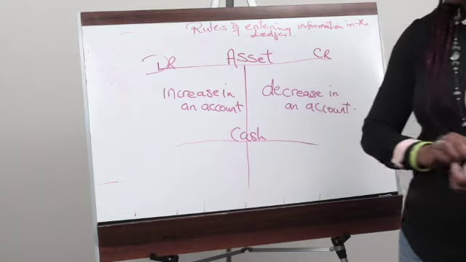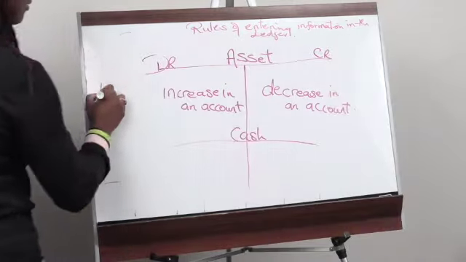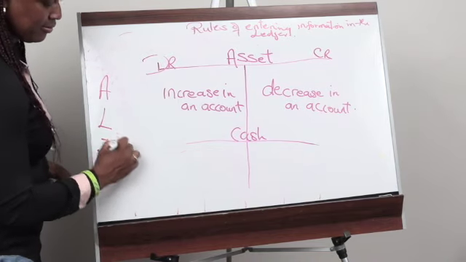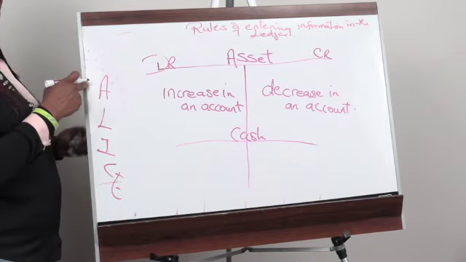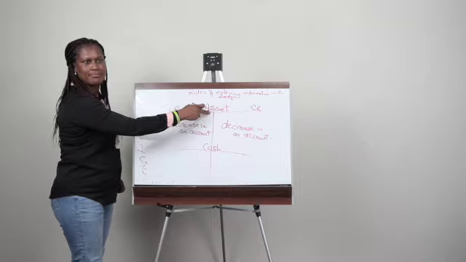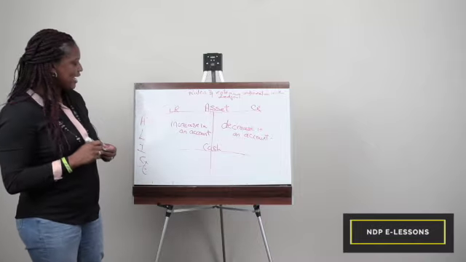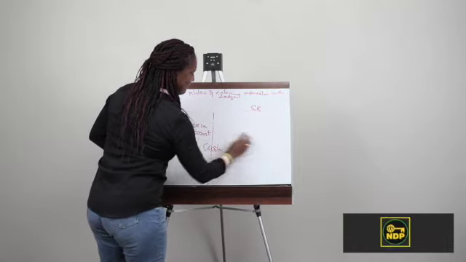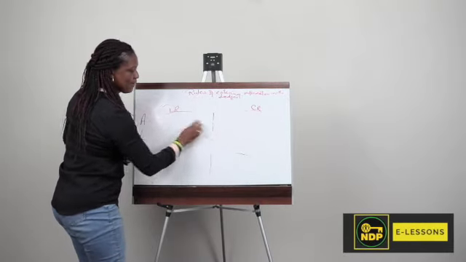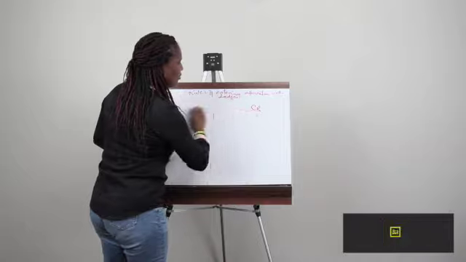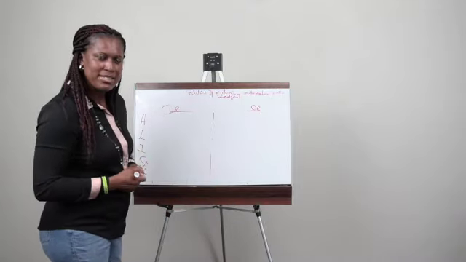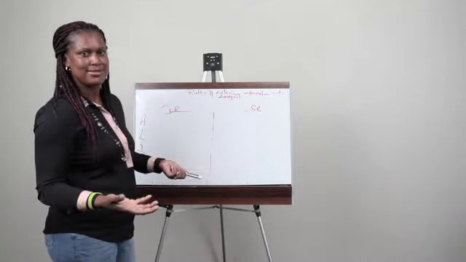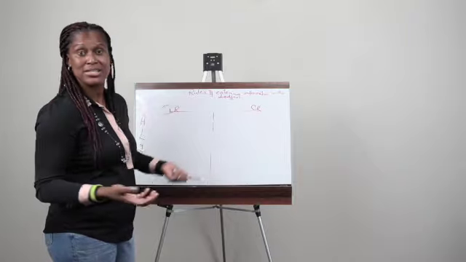So that's the asset account. The next account is our liability. And remember we said that liability is defined as any debts of the business, any debts the business incurs.